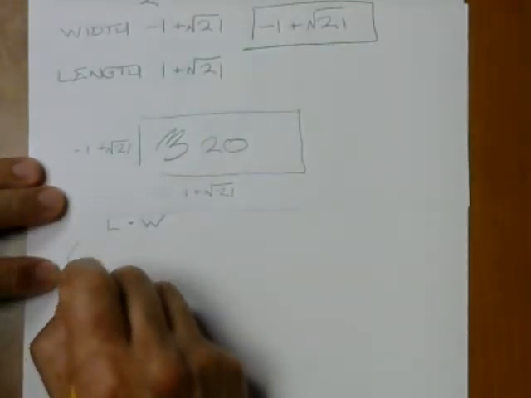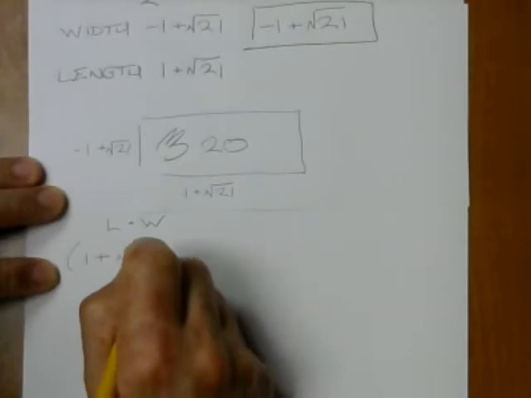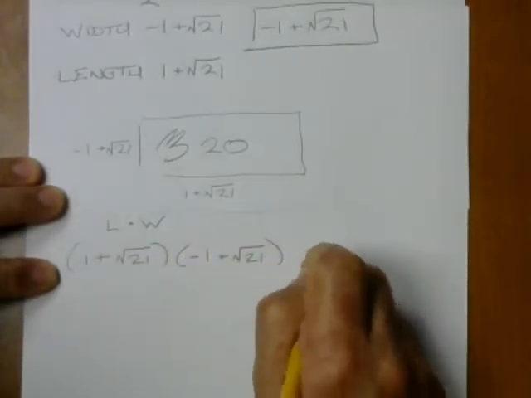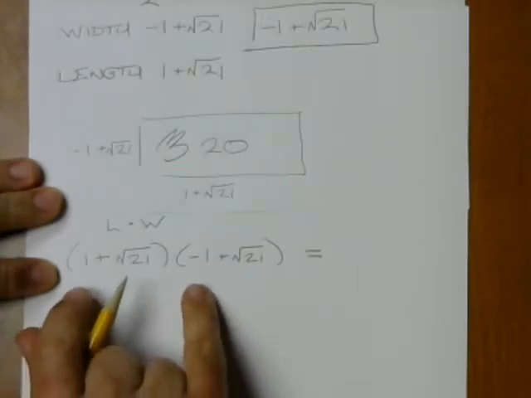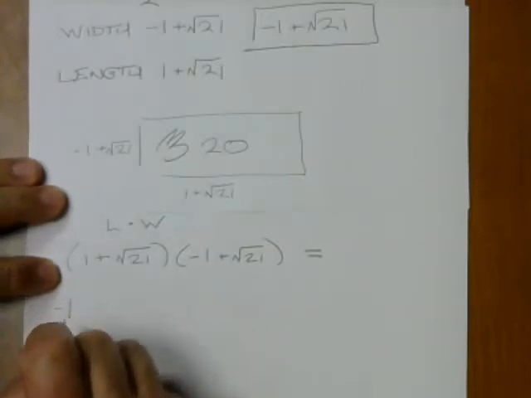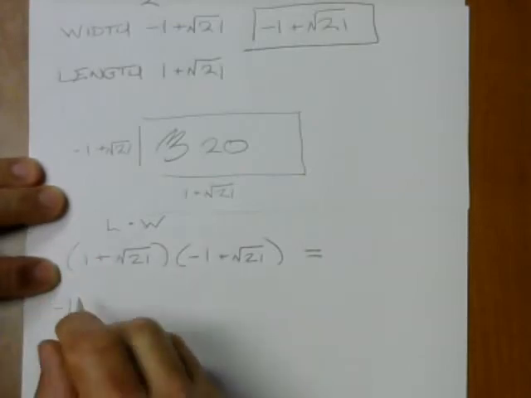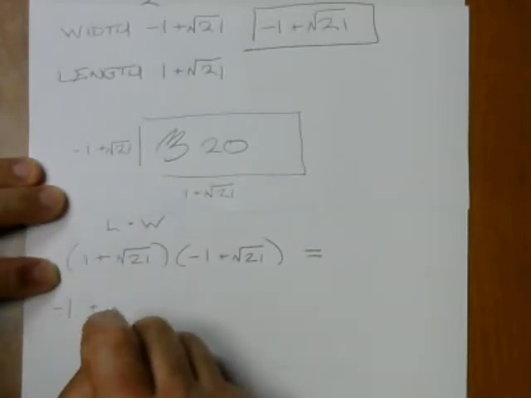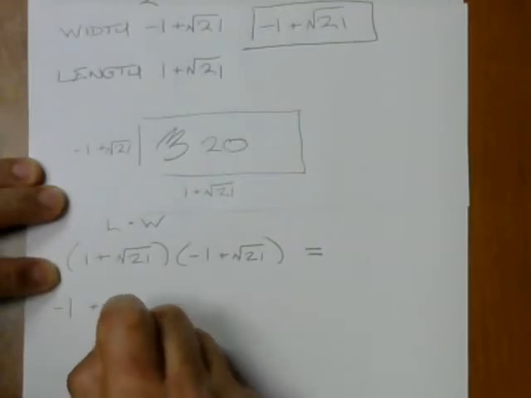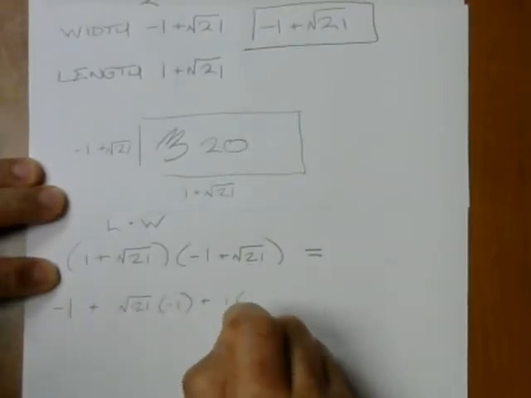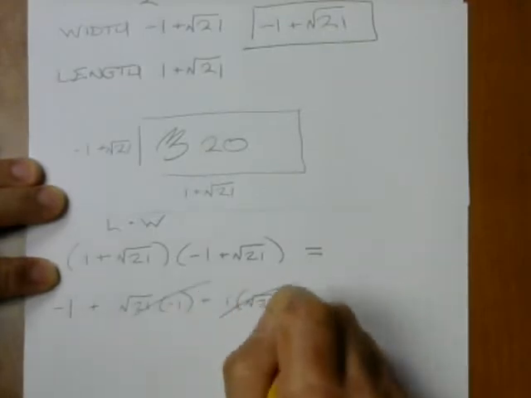So, is it true that this times this equals 20? Well, let's see. I get minus 1. This is going to be the negative of this. I'll write it out. So this is going to be root 21 times negative 1 plus 1 times root 21. Those cancel.